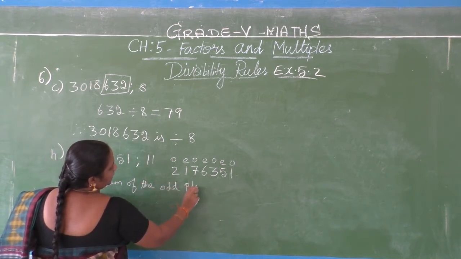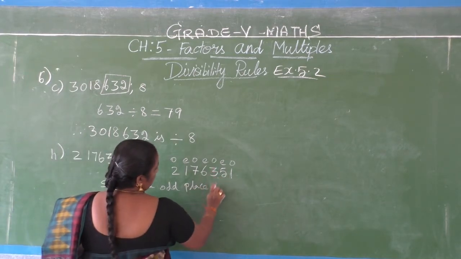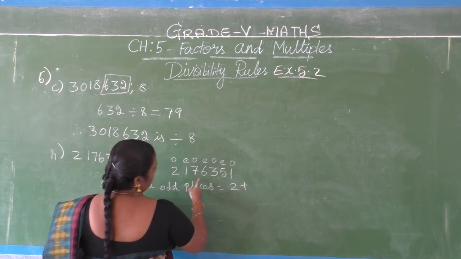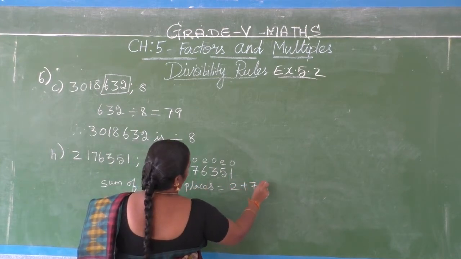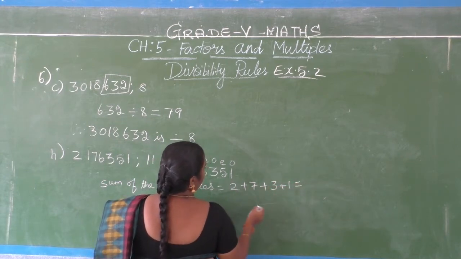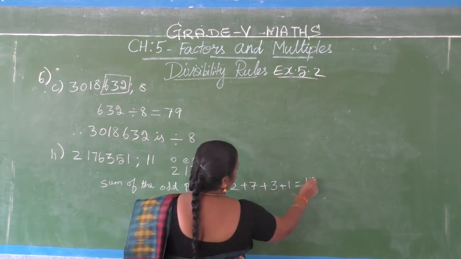Sum of the odd places: 2 plus 7 plus 3 plus 1. What will come? 7 plus 3, 10, 12, 13.